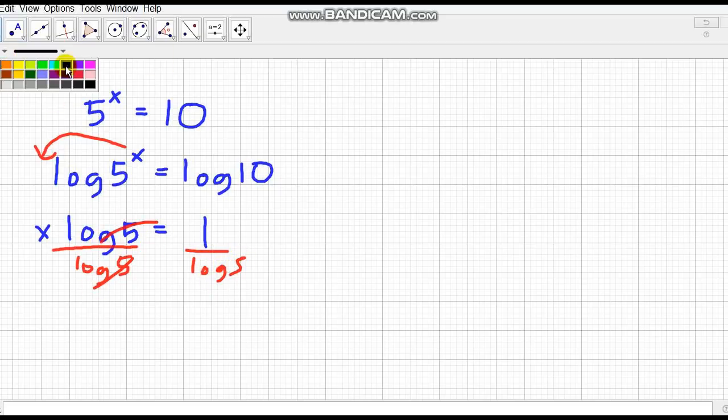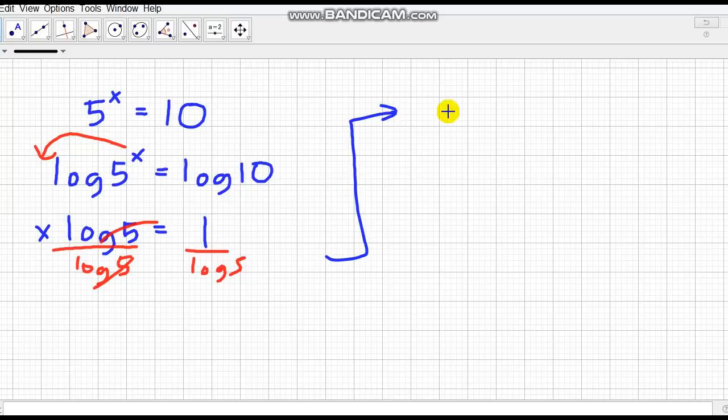So x is equal to 1 over logarithm of 5. That's the nearest possible value that we can obtain. From here, we will be using a calculator since log of 5 is not an exact value. So that's how we go around in solving for the value of x in logarithmic and exponential equations.